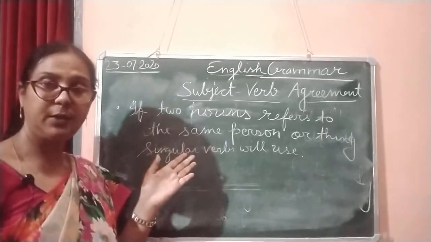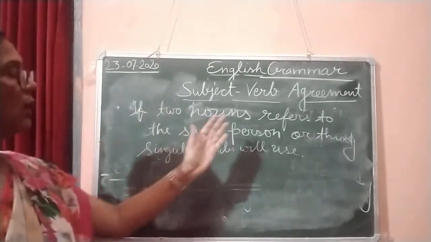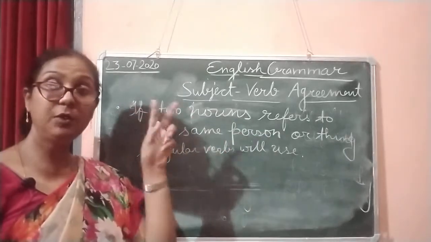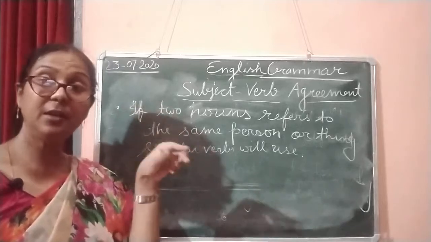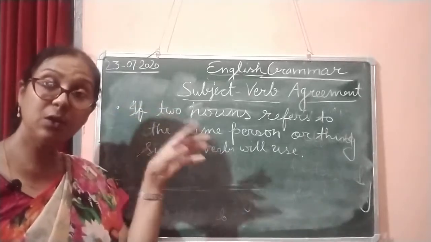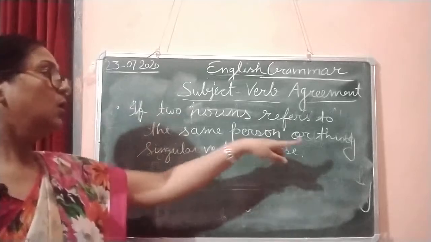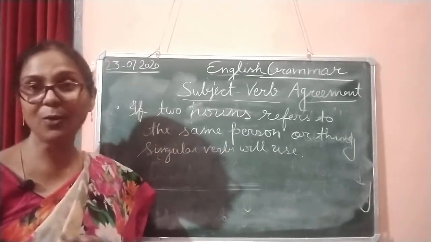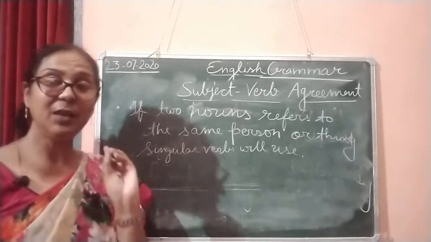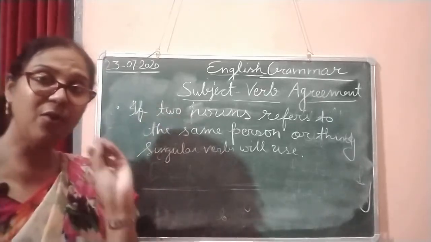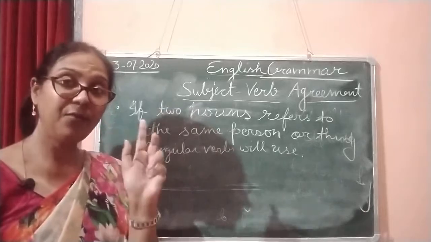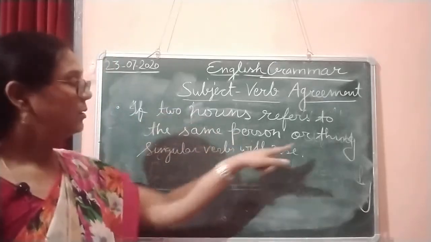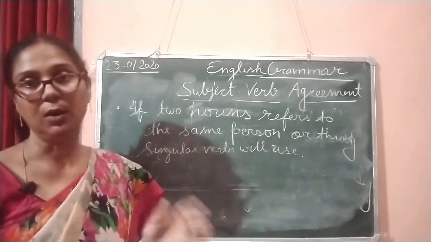Now the next point, if two nouns refer to the same person, if two nouns are there and they are referring to a single person or thing, a singular verb will be used. It is very common that whenever we are using two nouns for a particular person, then the verb we are going to write in the singular form.